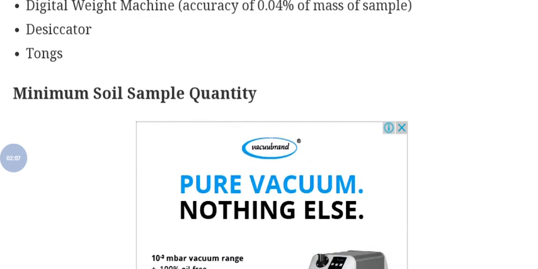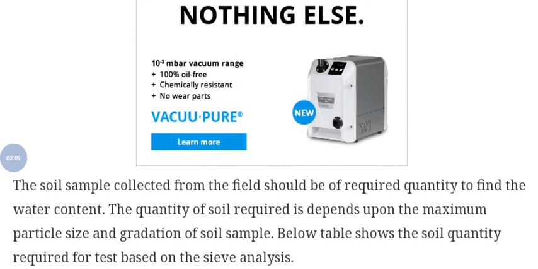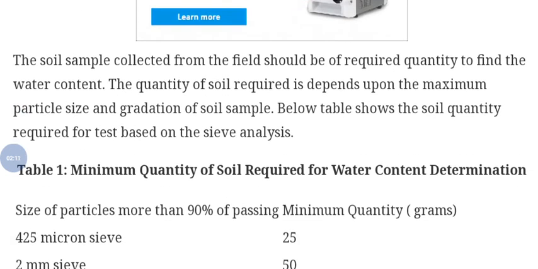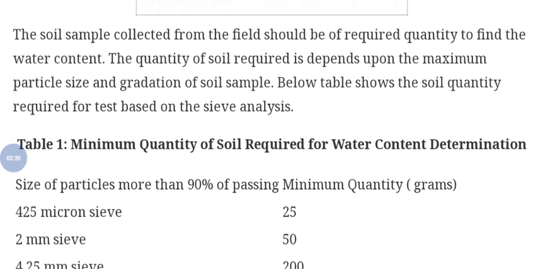Minimum soil sample required depends on the percent of soil present. The soil sample collected from the field should be of the required quantity to find the water content. The quantity of soil required depends upon the maximum particle size and gradation of the soil sample.